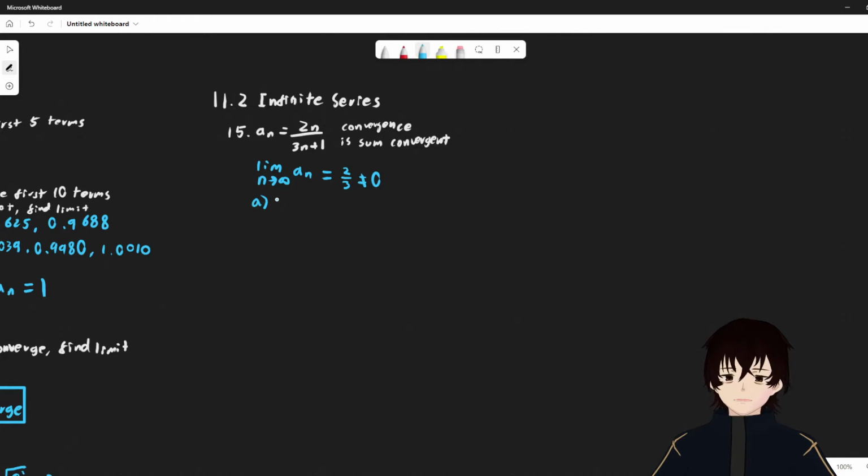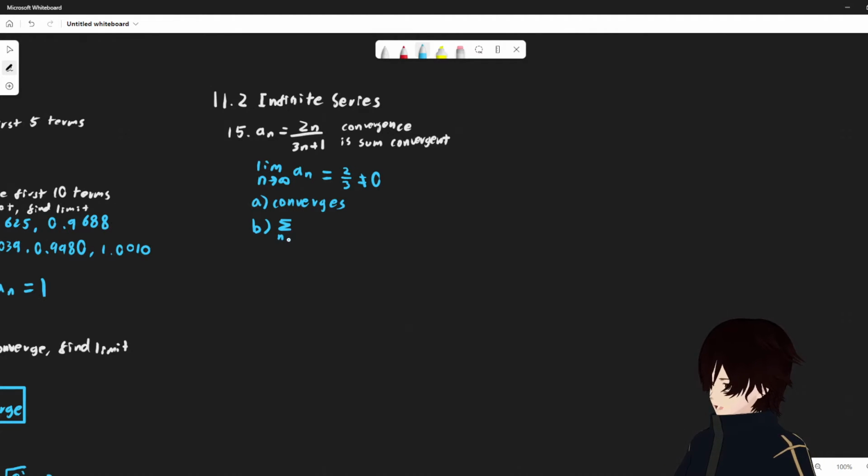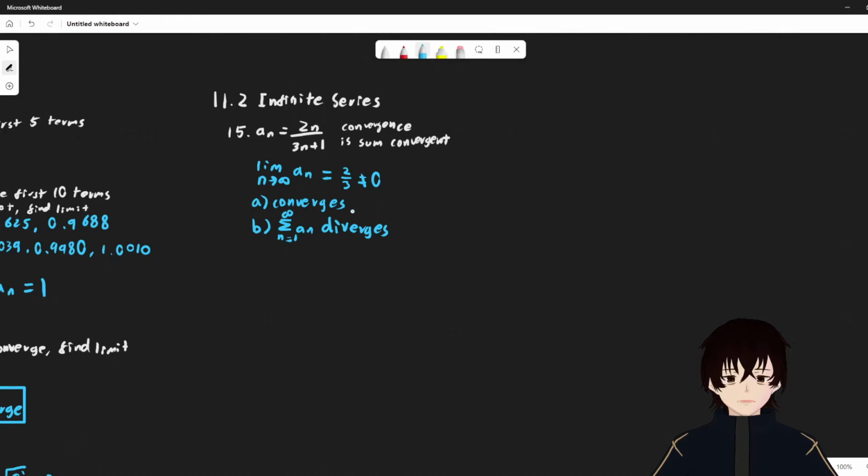Let's do this. A, a of n converges. B, the sum from n equals 1 to infinity of a of n diverges.